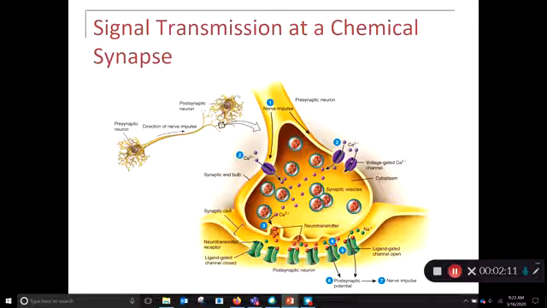So what's going on is that sodium pulse, that action potential, is getting down to these terminal buttons, these synapses. And what it does is it causes calcium to come in through the channels. And this calcium causes the release of these synaptic vesicles.